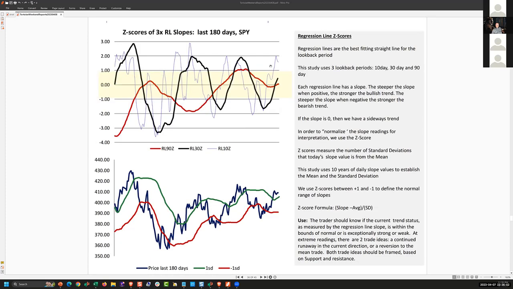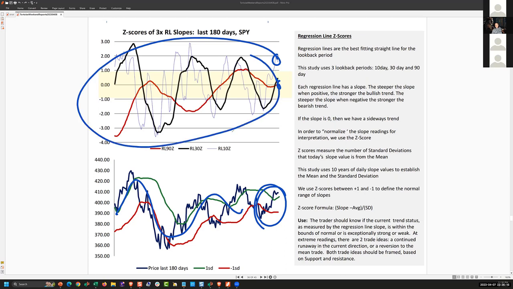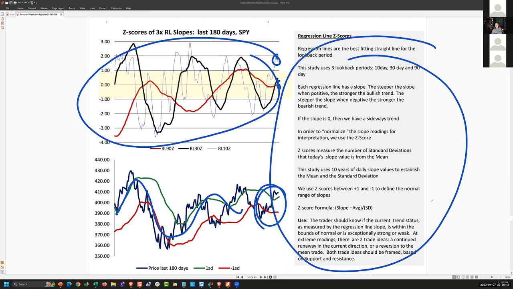This one looks at the slope statistics, not just of the 30, but it also looks at the 10 and the 90 in context. And this one shows price within the river location. So this gives you short, medium, and long term. It's all spelled out here.